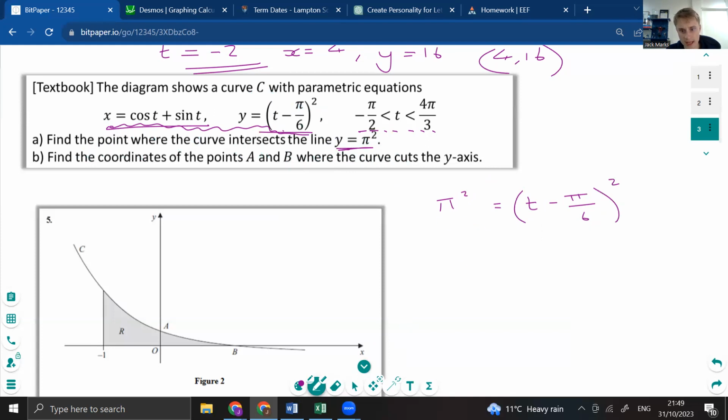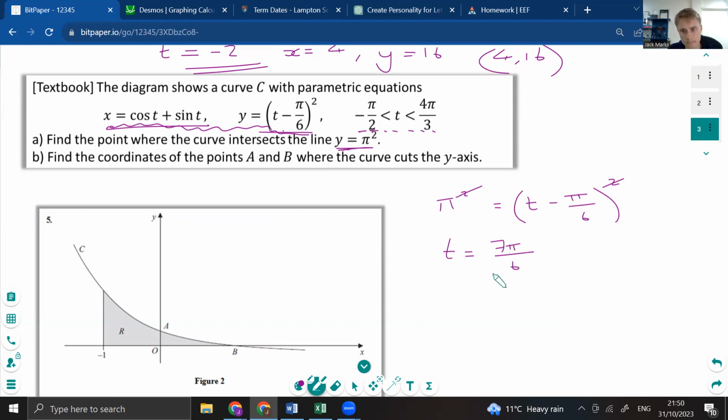We can cancel those squareds. And we could move that pi over 6 to the other side, and we would get that t equals 7 pi over 6. Now, let's just keep an eye on this.